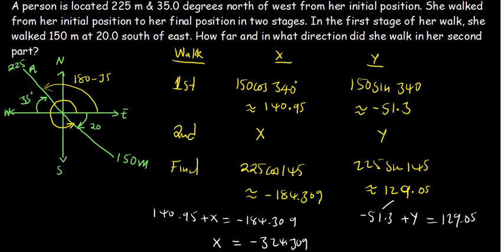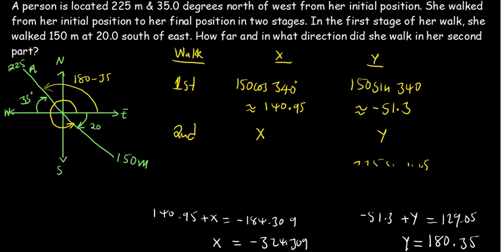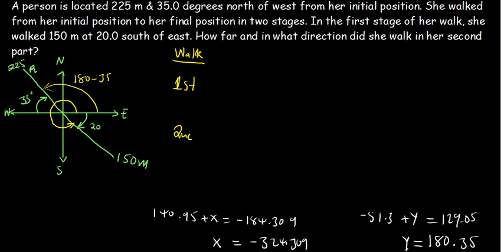If we take this value to the other side, it becomes positive, so it will be 129.05 plus 51.3, which gives about 180.35. All right, we found the x component and the y component. Now we can find the magnitude and also determine the direction.